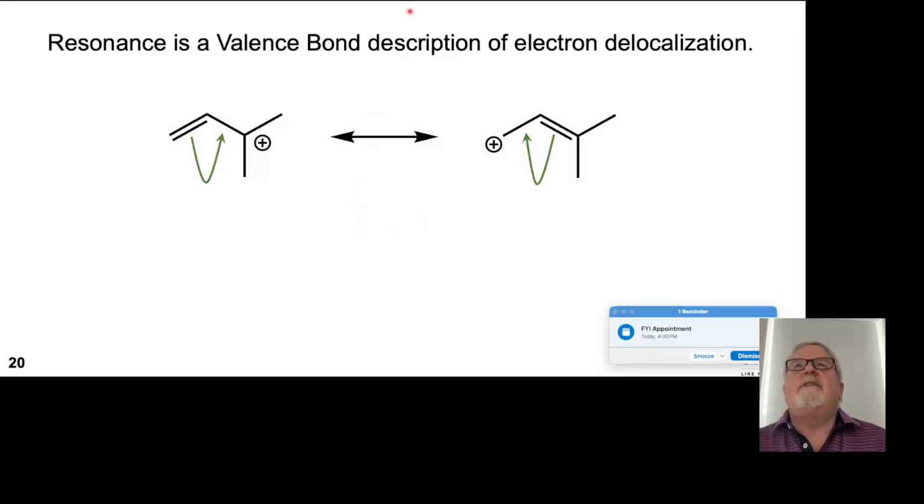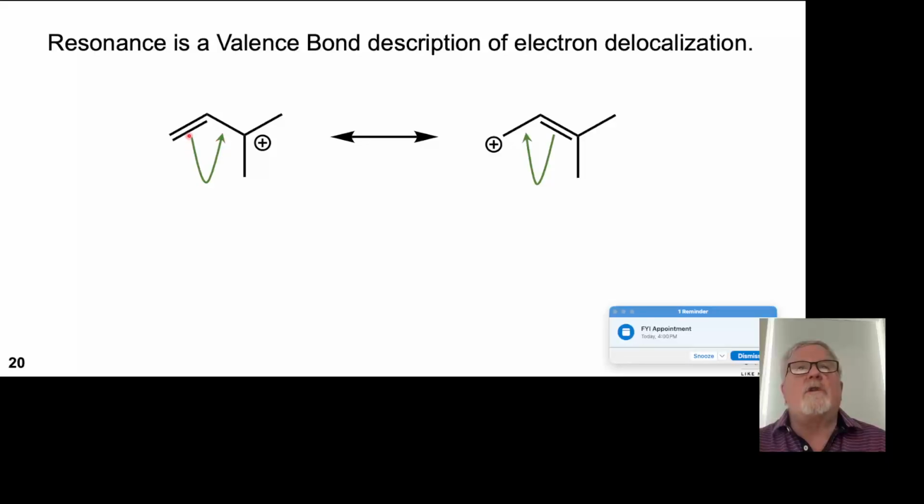Resonance can explain this conjugative stabilization. We've discussed this numerous times. We can show the resonance. Here we have a conjugated carbocation. We have a double bond here. There's a p orbital there, a p orbital there. They're sharing a pair of electrons. This carbocation is also sp2 hybridized, so there's an empty p orbital there.